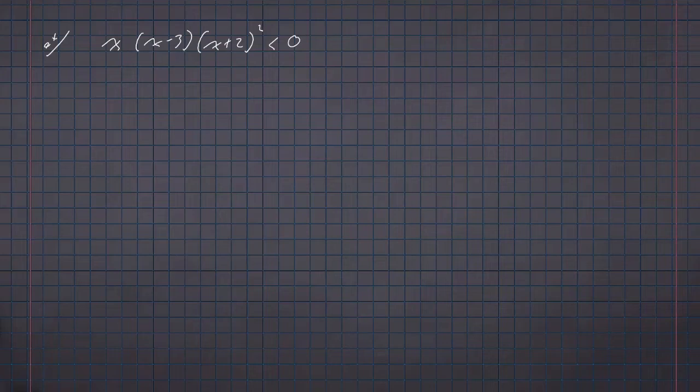Just replace the inequality symbol with an equal sign. x times x minus 3 times x plus 2, the whole thing squared, equals 0. And since this polynomial is given to us in factored form, it's pretty straightforward to use the zero product rule.